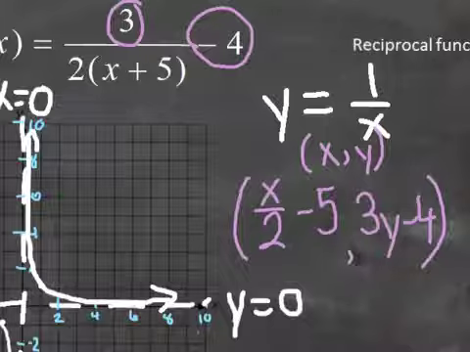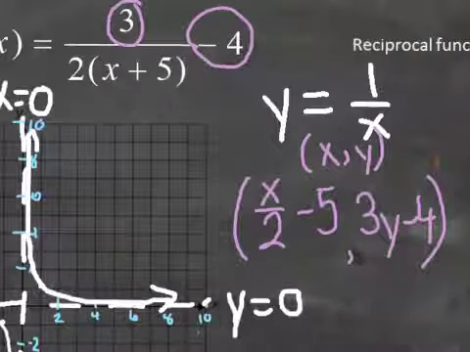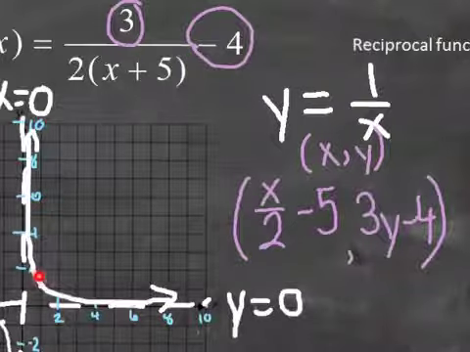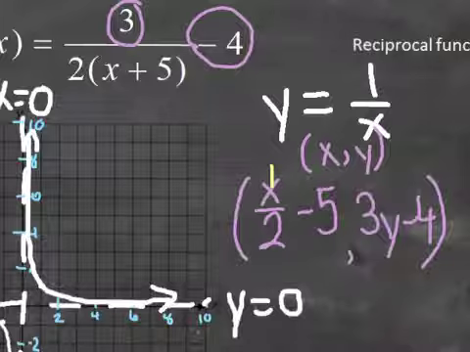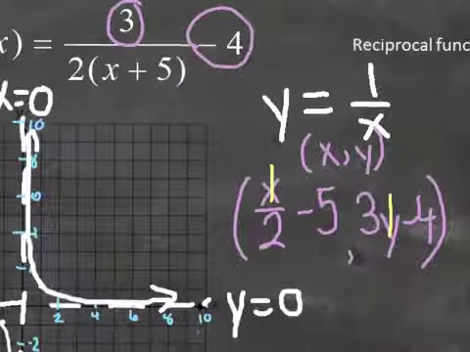So using this big coordinate, I could take any coordinates that were on my parent function, like 1, 1. We've had 1, 1 over here. I could take the 1 value, sub it in here, take the 1, sub it in here, and I will get my new transform coordinate when I do the math.